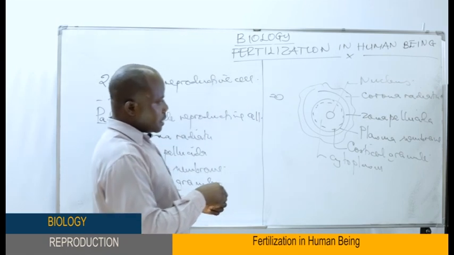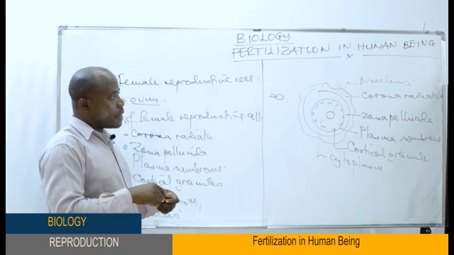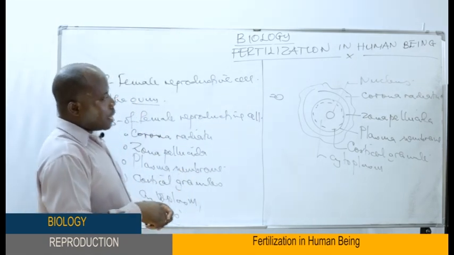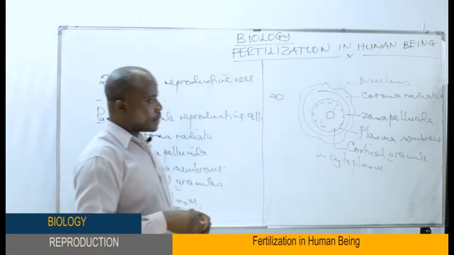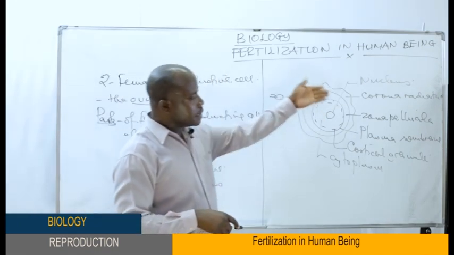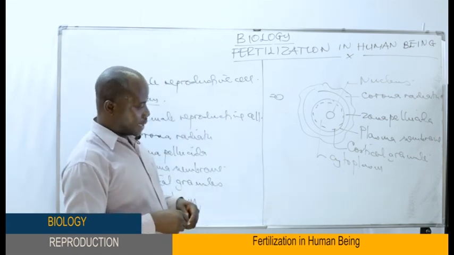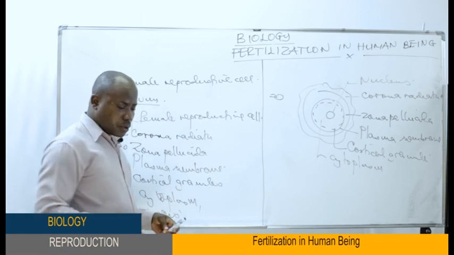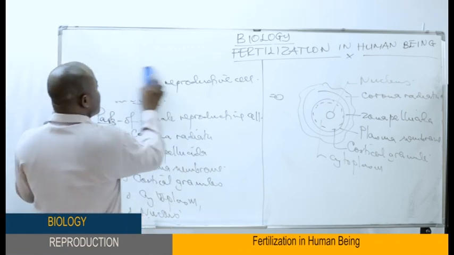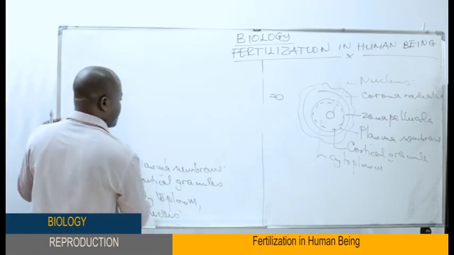Therefore, the structure of female reproductive cell has these important parts, and it is these parts will be involved in the process of fertilization. But also, we have male reproductive cell.